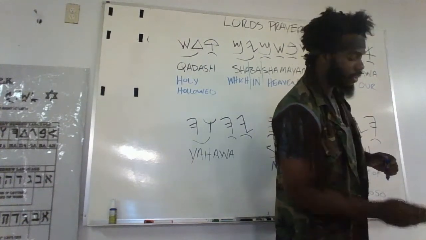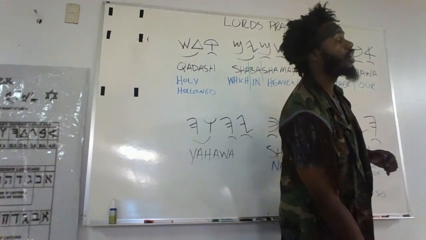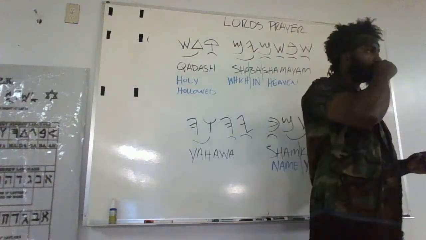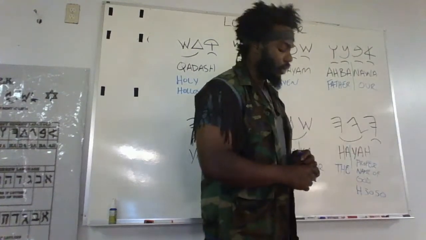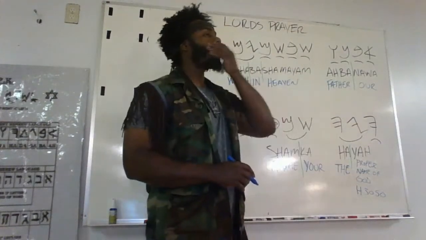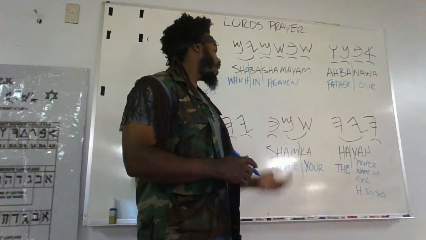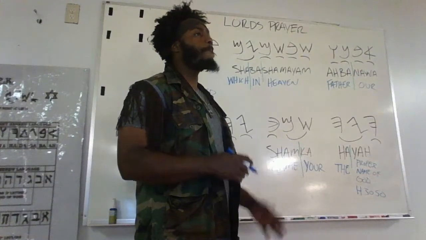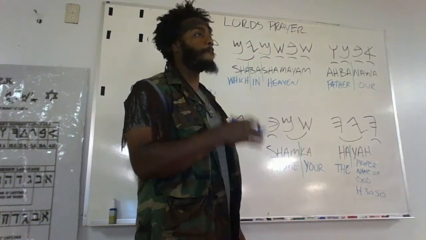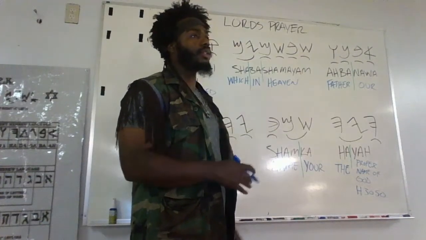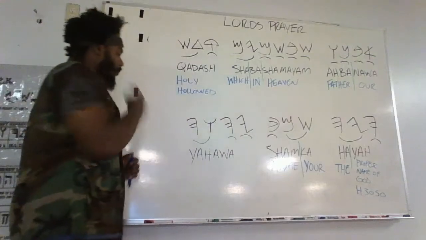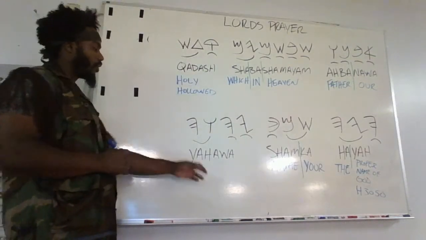And it's the Ma and the Ha connected. Mah, right, means what? H4100, right? So if you're going to say, what is your name? It would be Mah, the Ma and the Ha, Mah Shamka. All right. Okay. Yahweh.